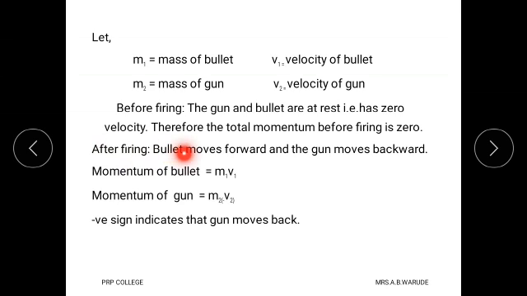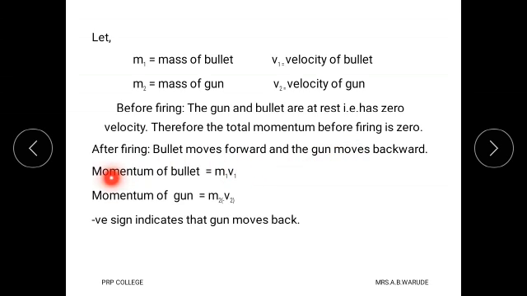Then after firing, the bullet moves in the forward direction, and at the same time the gun moves in the backward direction. That means the momentums are different.